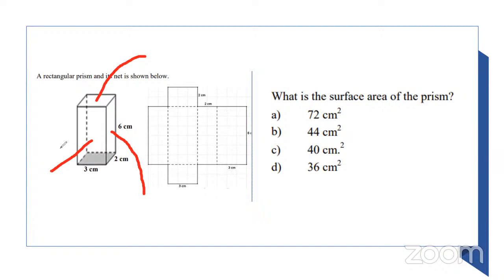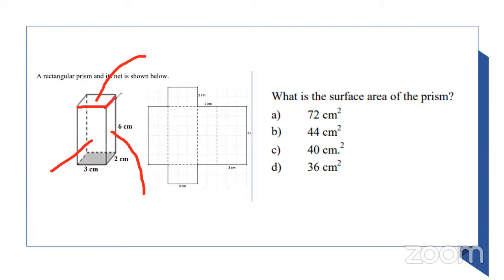So let's do this together. The area for the top face. So remember now, when you're finding area, we're using our formula, length times width. So the top face here is the same as the bottom face. That means right here is 3 centimeters and this is 2 centimeters.